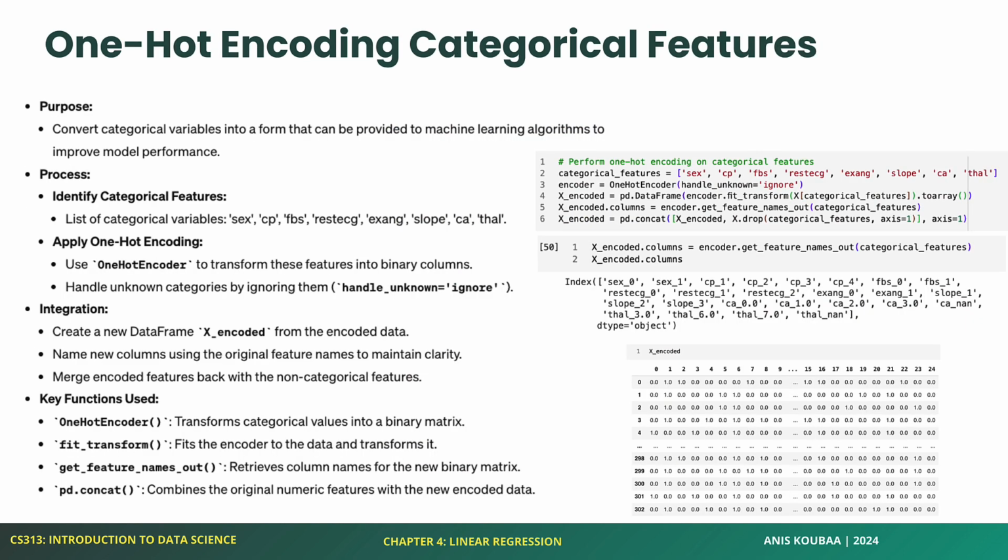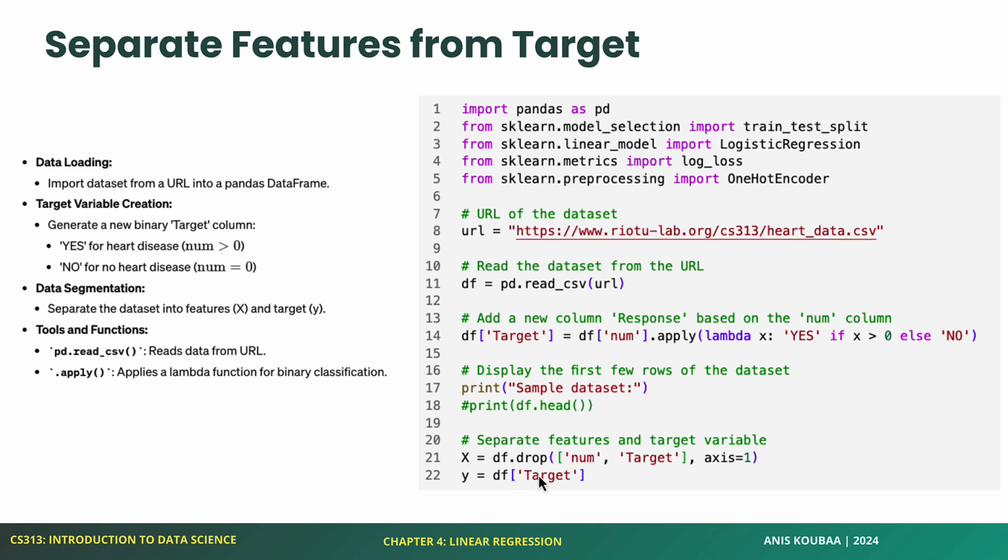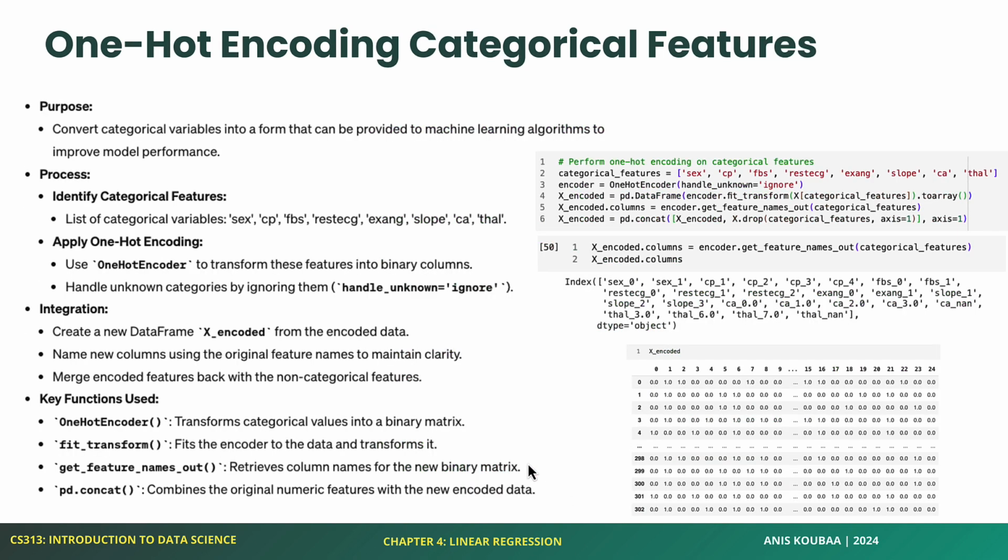The second step: I have yes or no here, and I want to do encoding. We will use one-hot encoding. We take the categorical data, which is equal to these values, and create a one-hot encoder.